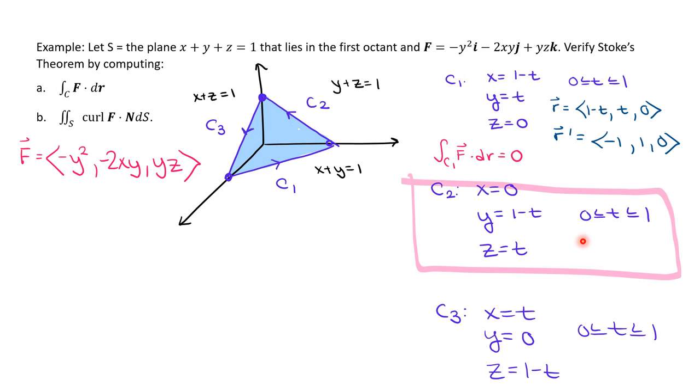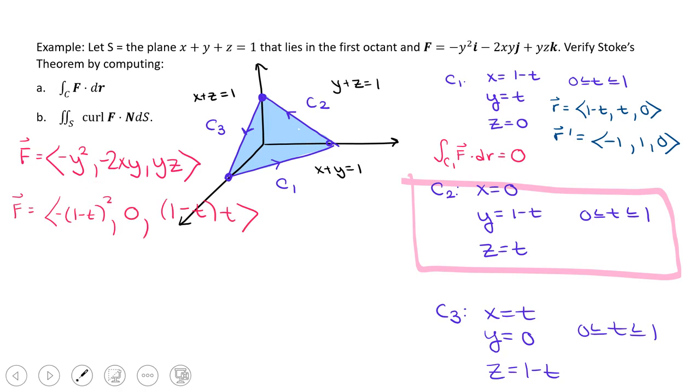And now I'm going to move to C2, and I'm going to try to do the exact same thing. I'm going to use the parametric equations for C2 to compute my r prime, and I'll rewrite my vector field in terms of t. But now I'm using the parametric equations from C2.